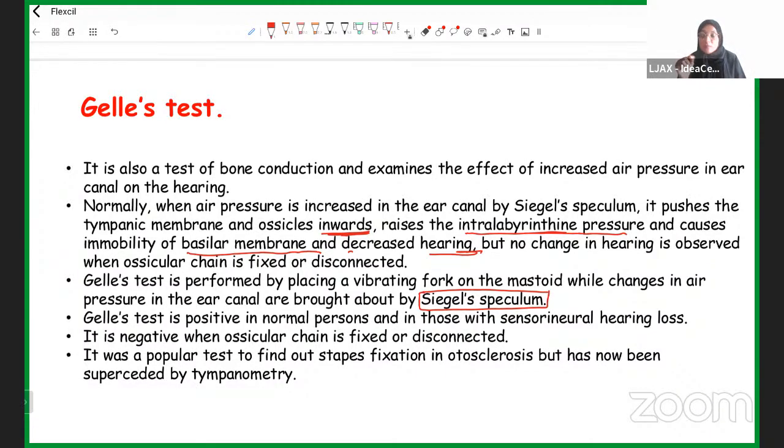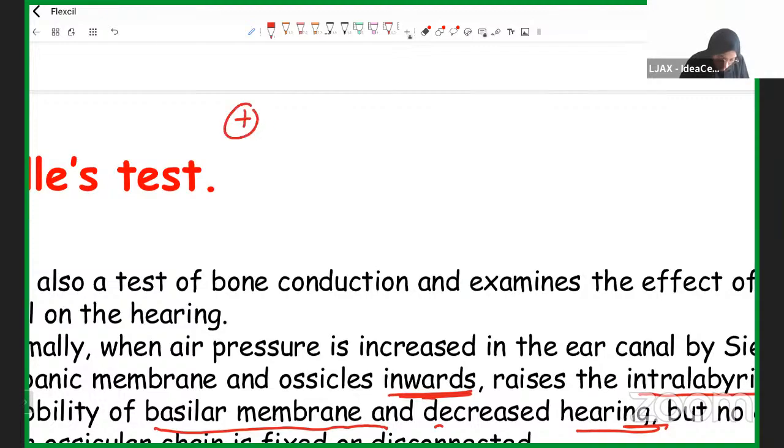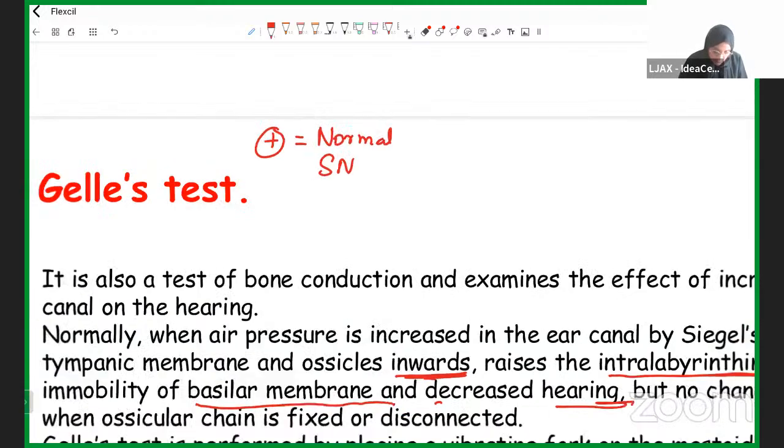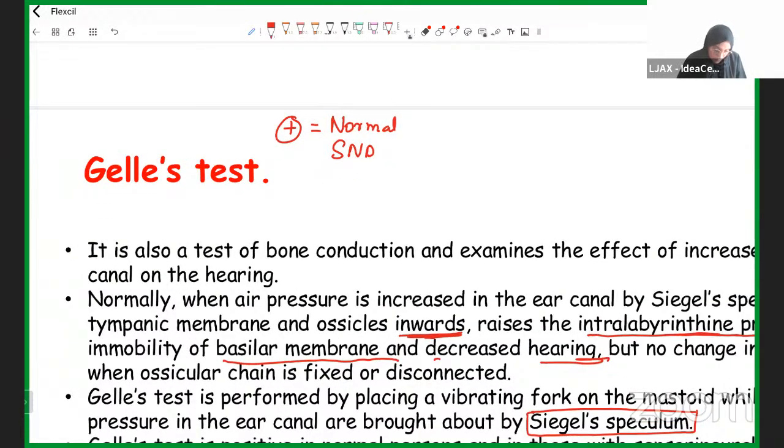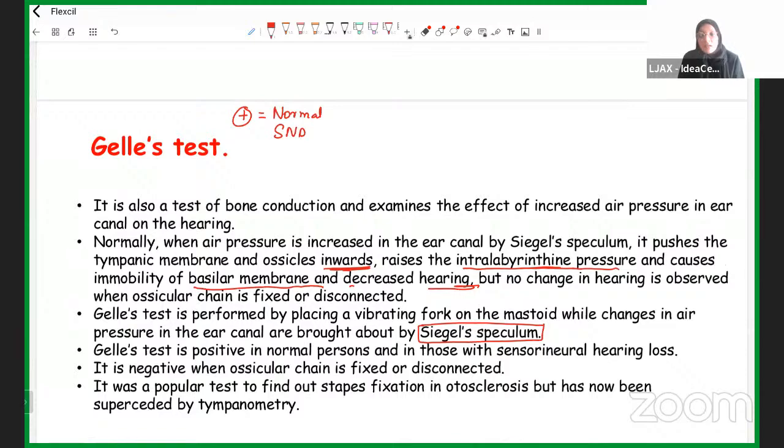Now, Gelle's test is positive in normal people and in those with sensorineural deafness. So let's write it down here. It is positive in normal people and also in sensorineural deafness, SND. But it is negative when the ossicular chain is fixed or disconnected, because the ossicles are either so fixed that they will not move, or they are disconnected.